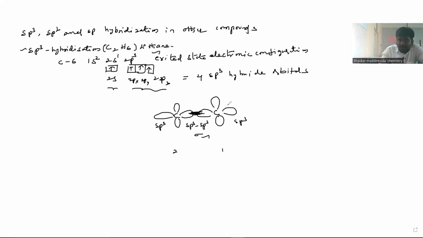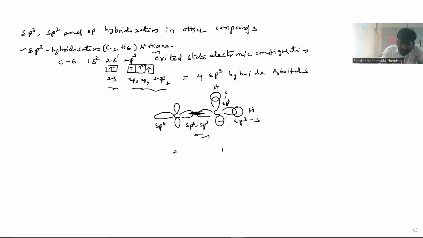The remaining sp3 hybrid orbitals will overlap with the s orbital of hydrogen. Here we have hydrogen, and one sp3 overlaps with the hydrogen s orbital.